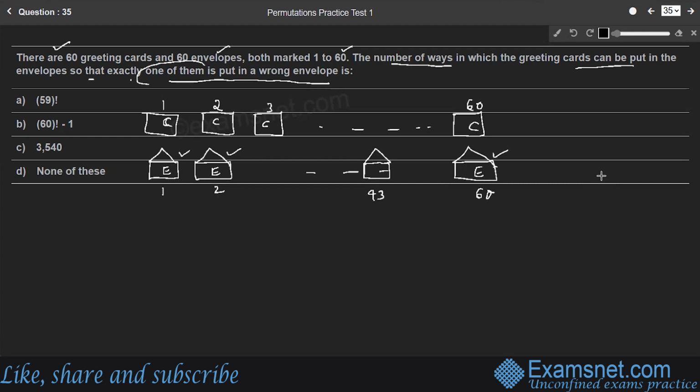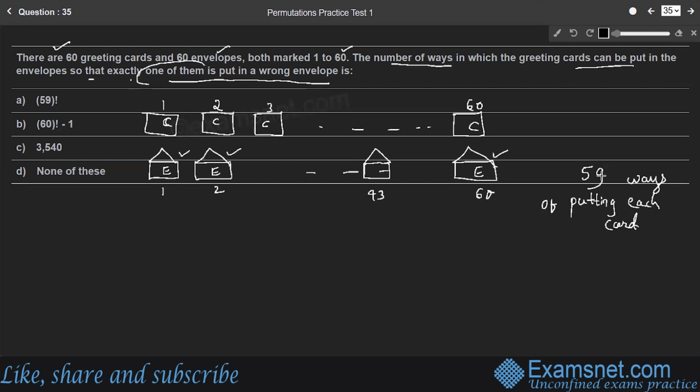Therefore, out of 60 envelopes, there are 59 ways in which you can put that particular card correctly. So there are 59 ways of putting each card in the envelope, and that plus one way is wrong. So in the wrong envelope, the card can be put.